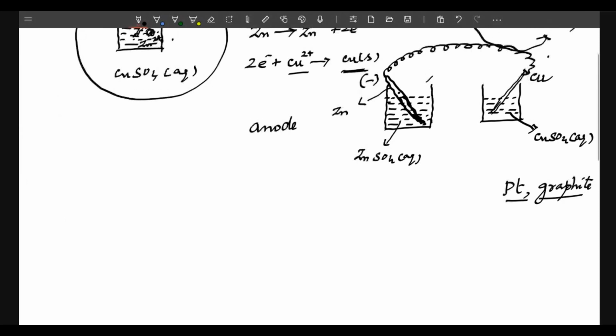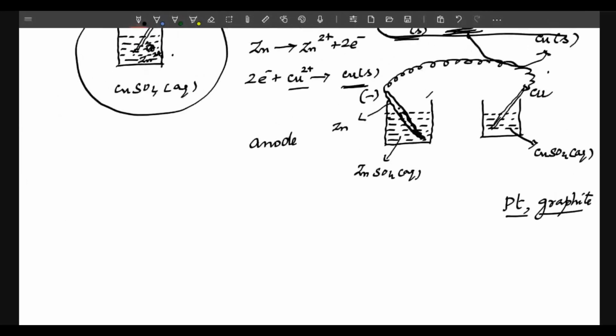And what about the charge over this copper electrode? It is positive, because relatively it is accepting the electrons. Therefore, for producing electricity, we need two electrodes: one positive electrode and one negative electrode.